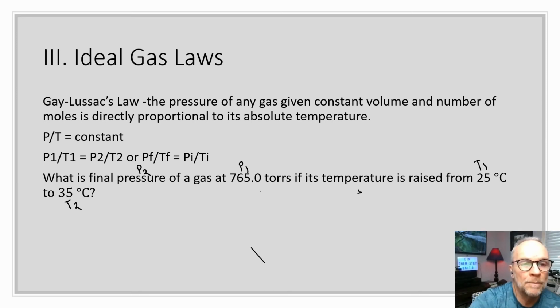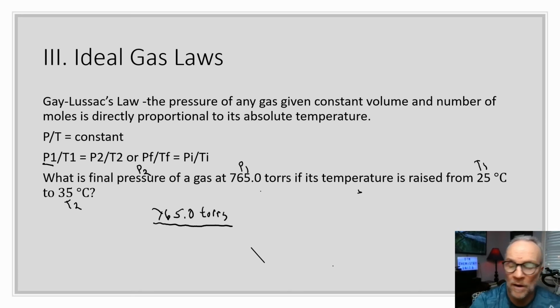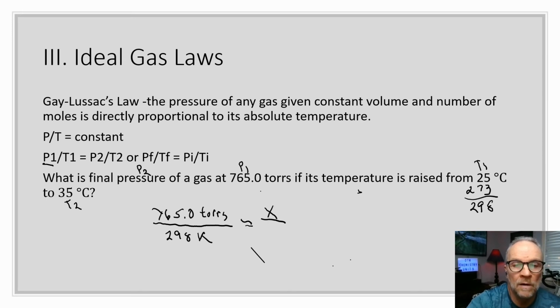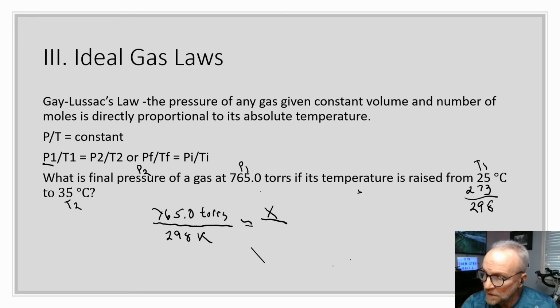We've got P1 here is 765 torr, same thing as millimeters of mercury, over 298 Kelvin is our temperature. So that's 25 plus 273, equal to P2, which is what we're solving for, over 35 plus 273, which gives us 308.